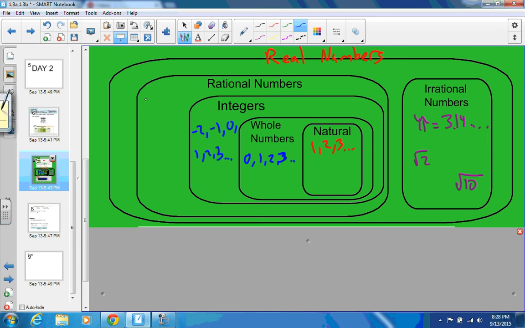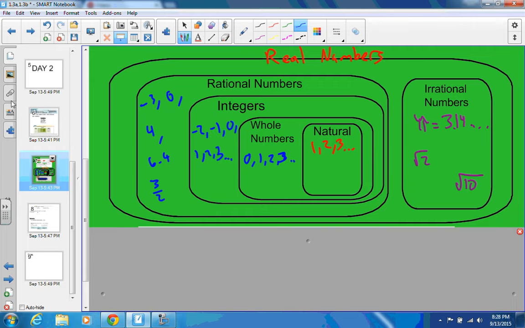So we have negatives, we have 0, we have positives, we also have decimals like 6.4, and fractions that don't repeat or go on forever like 3/2. Those are all rational numbers. And all of that makes up this whole box of real numbers.